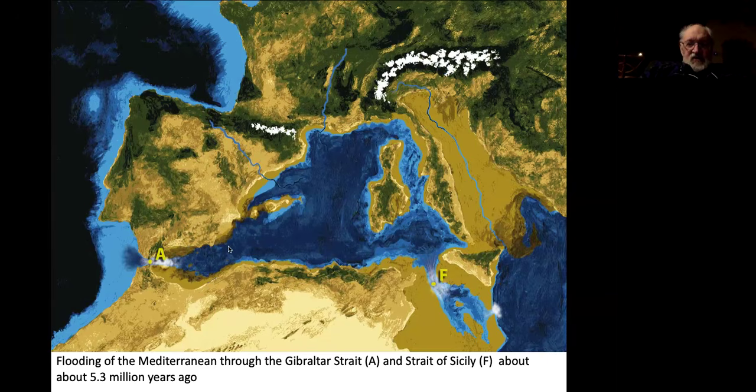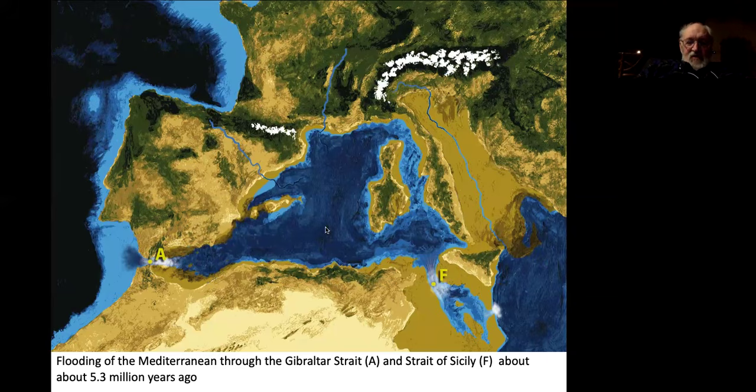The reason that this flooding occurred was that the tectonic plate on which Africa is located, seen in the bottom of the picture here, collided with the plate on which Europe is located, and it created a range of mountains, not a very high one, that crossed between the southern part of Spain and what is now Morocco.